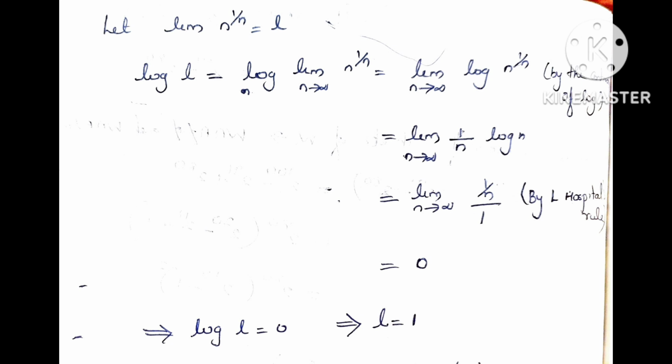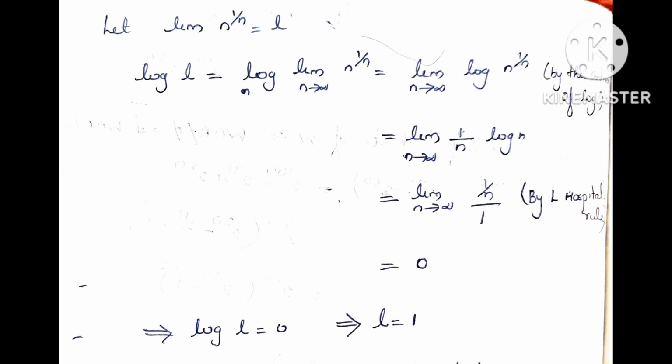By L'Hospital's rule, since log n tends to infinity and n tends to infinity, we get the limit n tends to infinity log n by n. This is in an infinity by infinity form, so we can use L'Hospital's rule.